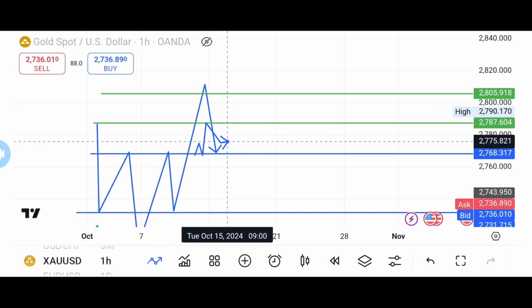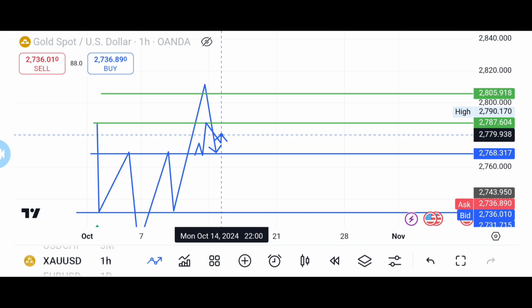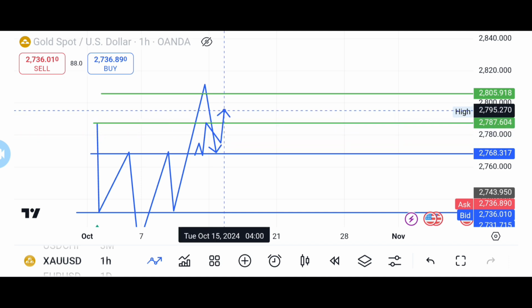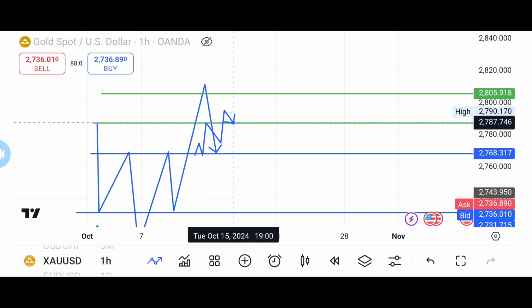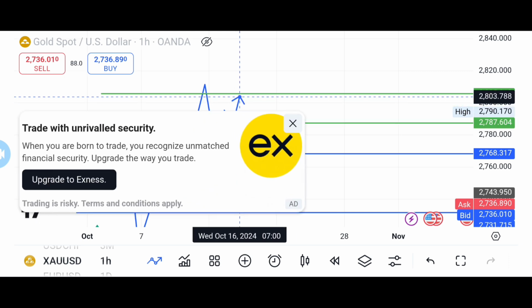So we shall place our entry 2 here, once the retracement has ended, and hold that trade. Once TP1 is broken, we shall re-enter again for TP2.